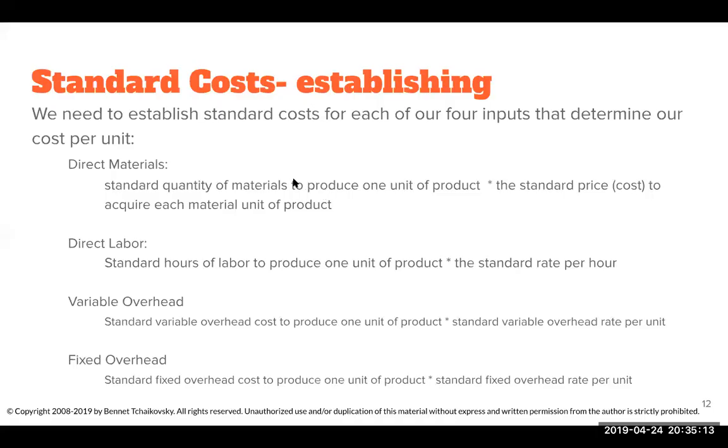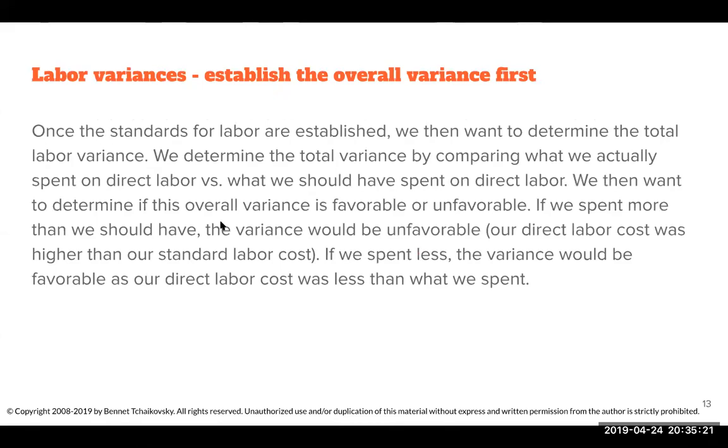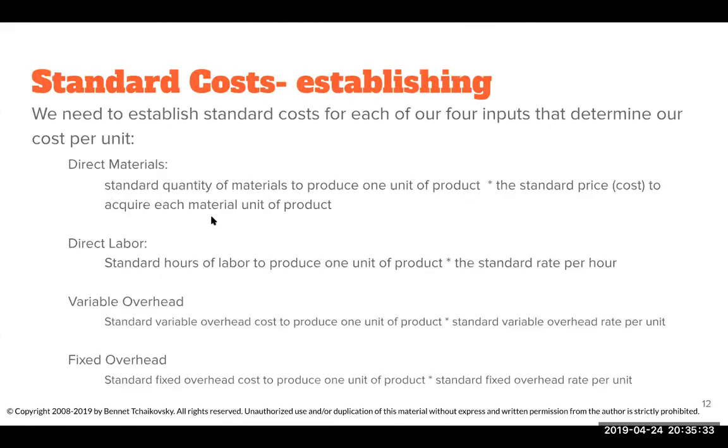Okay, so we were talking a little bit before. We went through direct materials. Now we're going to be focused here on direct labor. When we're creating a unit of product, we want to establish what the labor standards are to make one unit of product. Remember, for a manufacturer, there are really four inputs: direct materials, direct labor, variable overhead, and then fixed overhead.